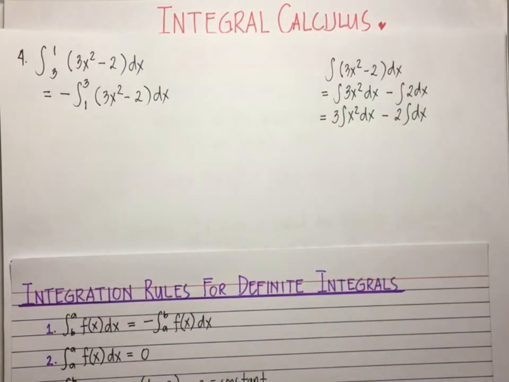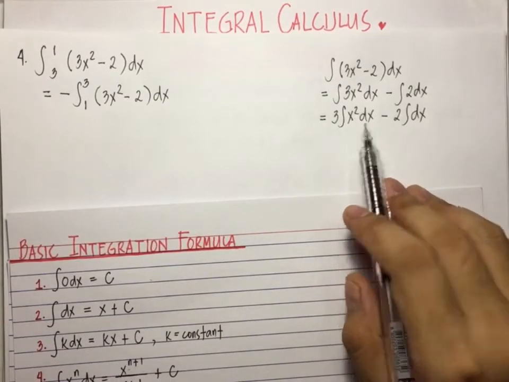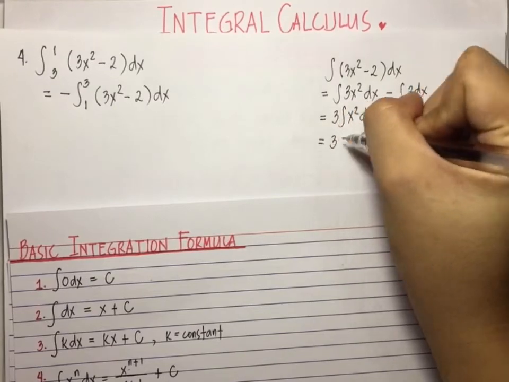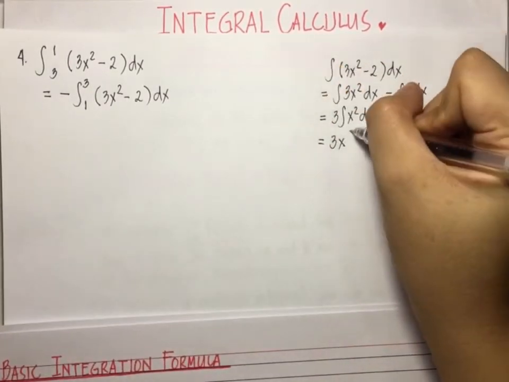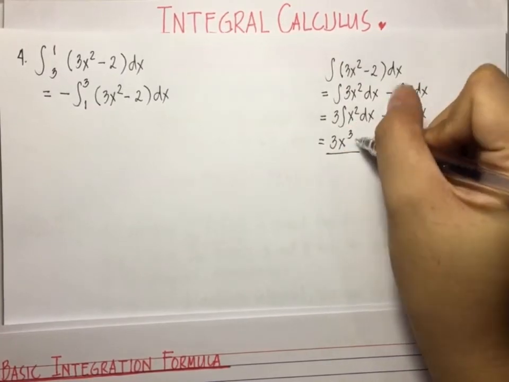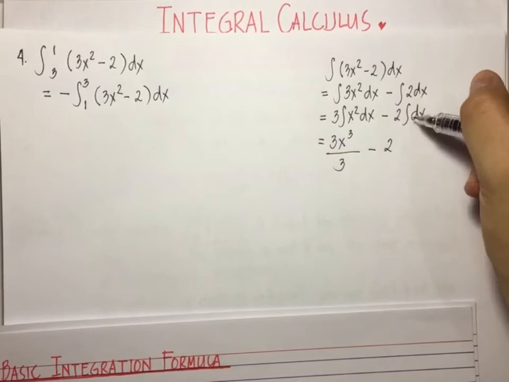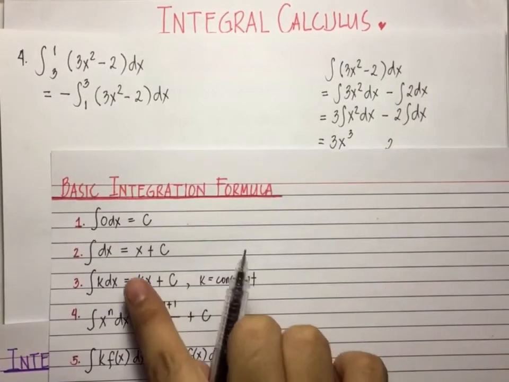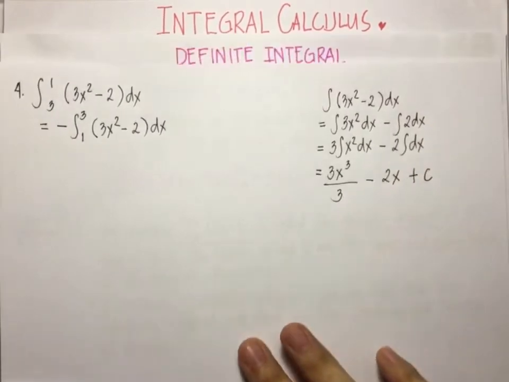Then apply power rule to integrate x squared dx, so 3 times x raised to n plus 1, so 2 plus 1 is 3, divide by 2 plus 1 is 3, minus, we copy 2, times the integral of dx, which is x, then plus c.